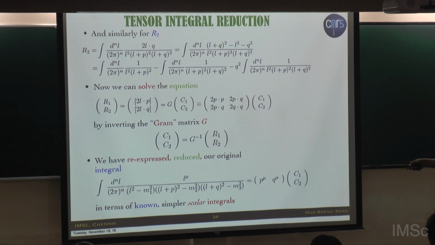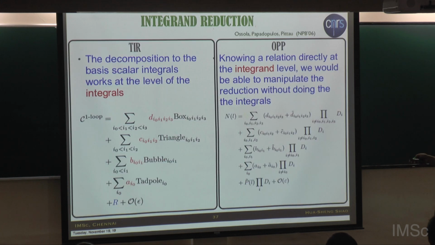So then we get the tensor integrals in terms of the scalar functions C1, C2, in terms of the scalar functions, in my basis. Another approach is more recent. It's not from the 80s. It was proposed in 2006 by OPP. It's integrand reduction.